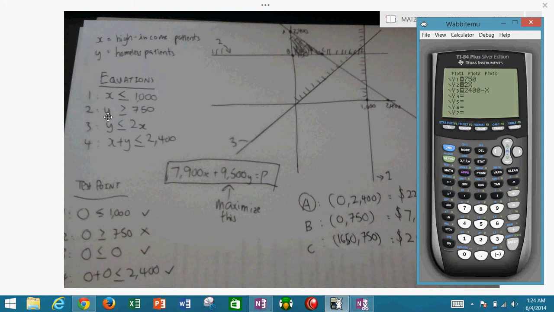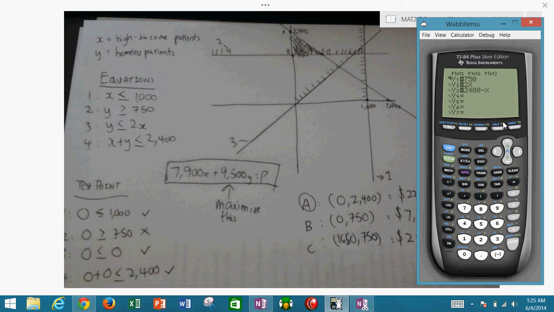So here I have the graph of y equals 750. That's the first line. y equals 2x, second line, and then x plus y equals 2,400, so you can solve for y by subtracting the x over. And there's a little trick in the calculator. If I want this to be greater than 750, I can change this part here to the triangle up, which means greater than.